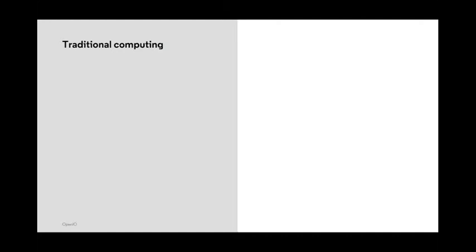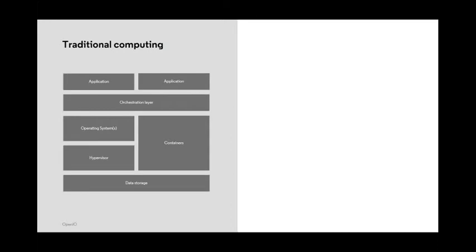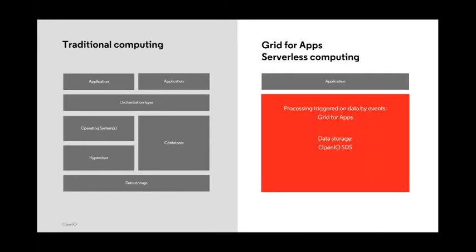If you look at traditional computing, there are several layers: application, orchestration layer, operating system, hypervisor or containers to manage, and the data storage down below. With our approach, you have an application that works directly on the storage system. Of course, this kind of application is not SAP.